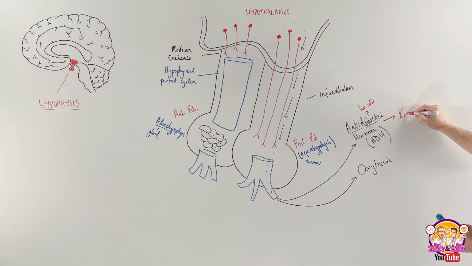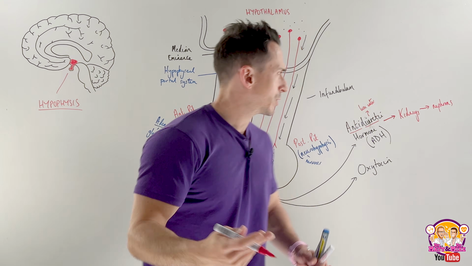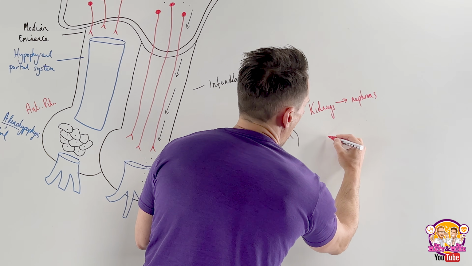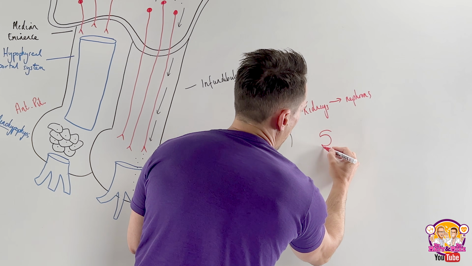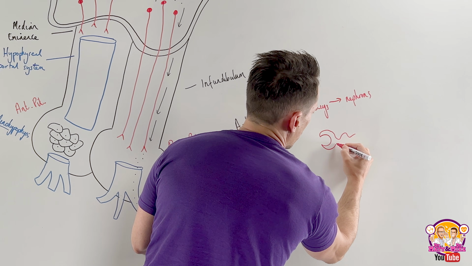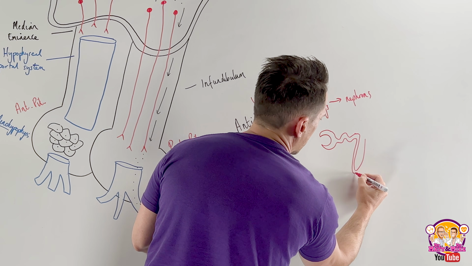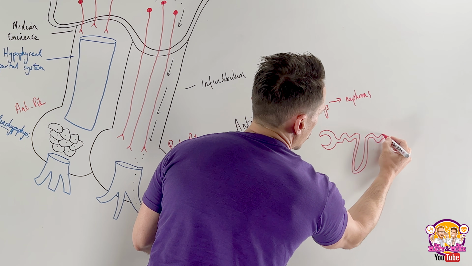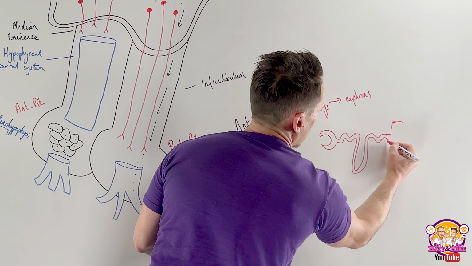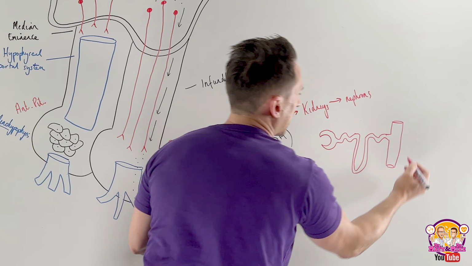Specifically it travels to the nephron or the nephrons of the kidneys. So they're the tubes. If we were to draw up a nephron, there's a little Pac-Man head, there's the proximal convoluted tubule, there's the descending limb, ascending limb, distal convoluted tubule, and then you've got the collecting ducts.